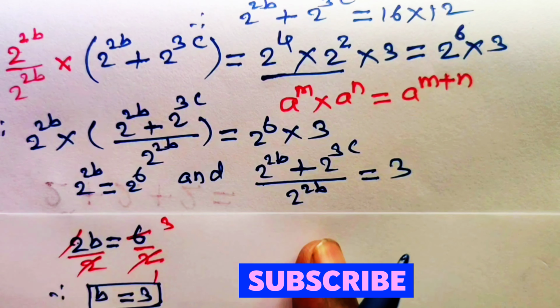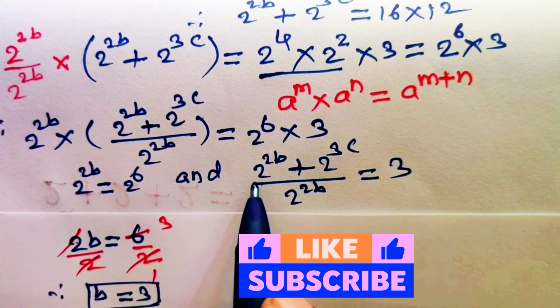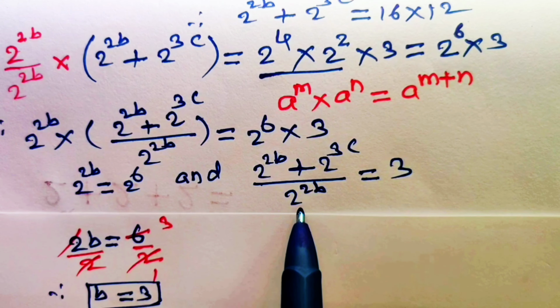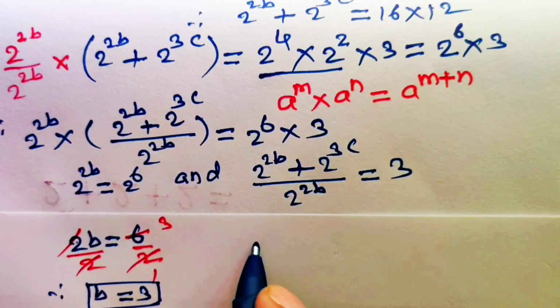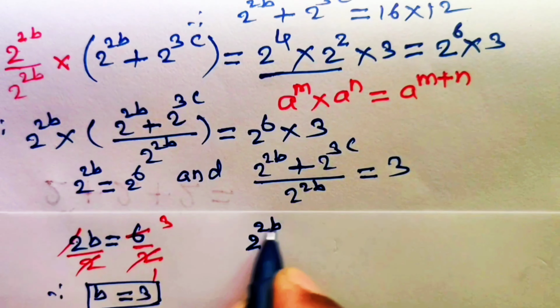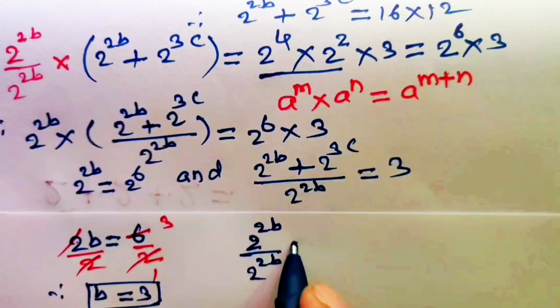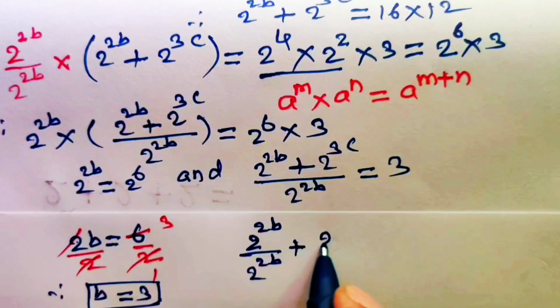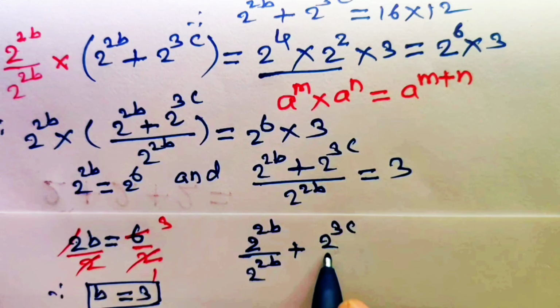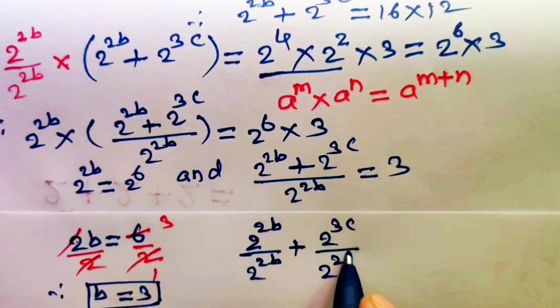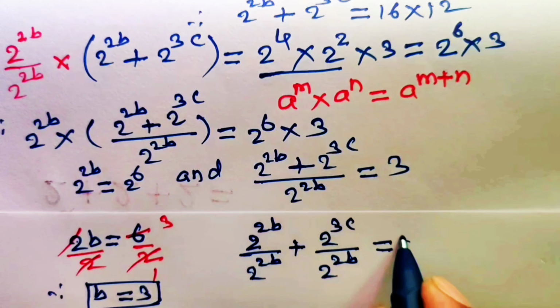Now first of all divide each term of numerator by 2 to the power 2b. Then this becomes 2 to the power 2b divided by 2 to the power 2b plus 2 to the power 3c divided by 2 to the power 2b is equal to 3.